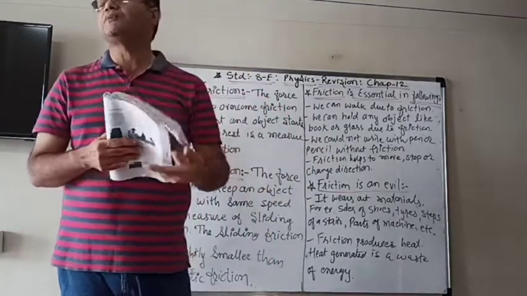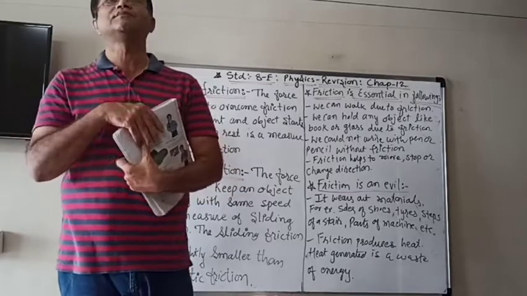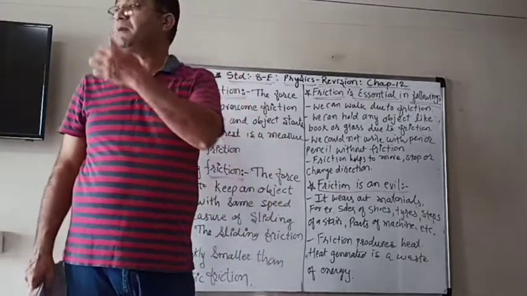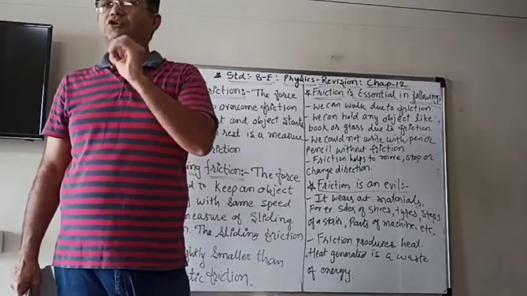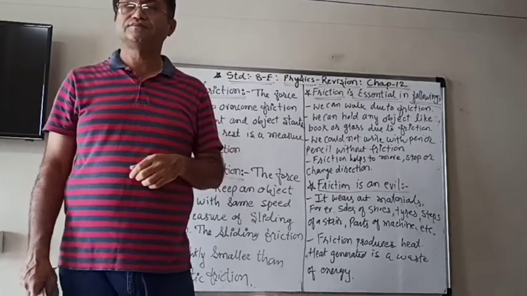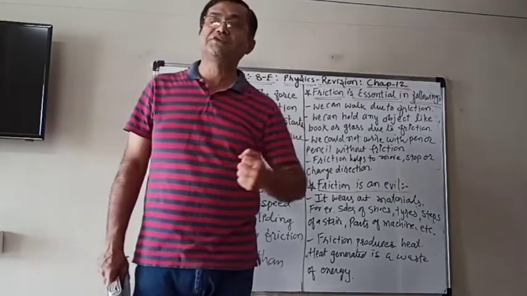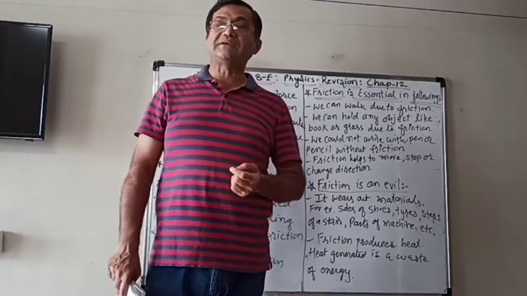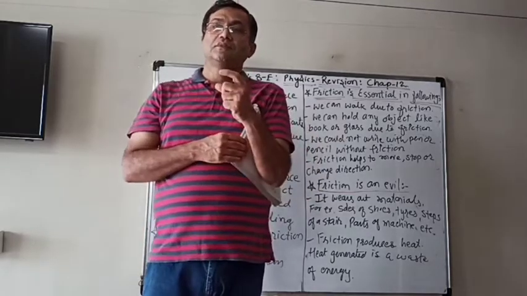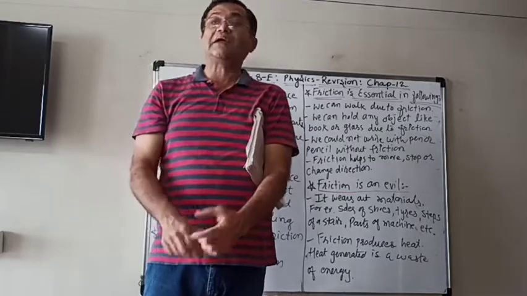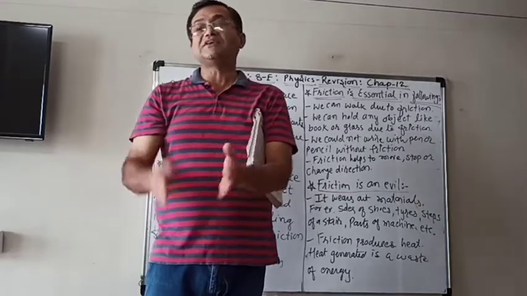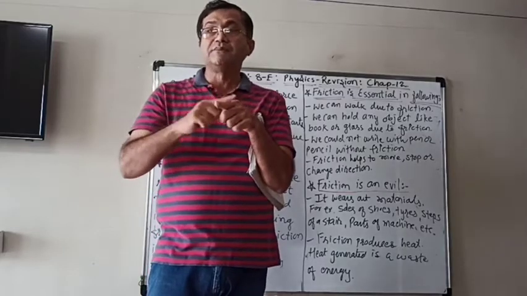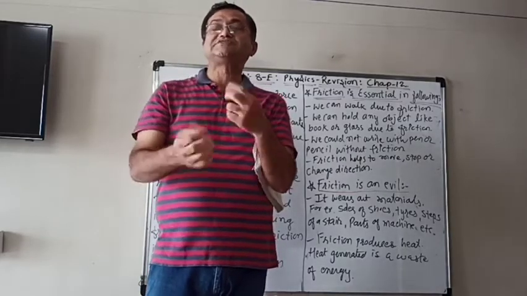Another example I forgot to tell you about, where friction is essential. I just remembered. When you want to light a candle, what do you use? A matchstick. With a matchstick, we have to rub it on the side which is very rough, and then because of the friction it starts burning.